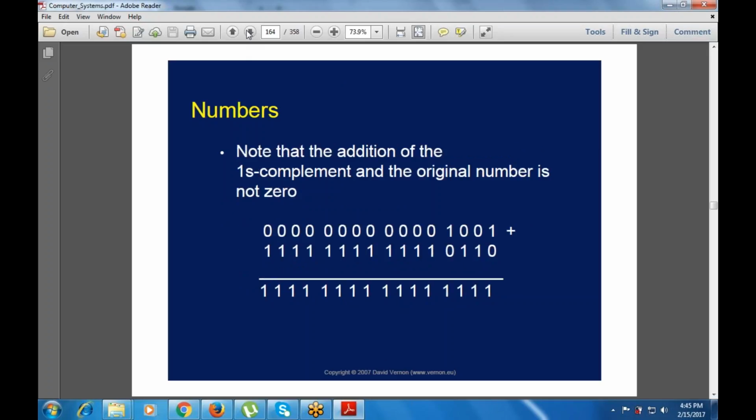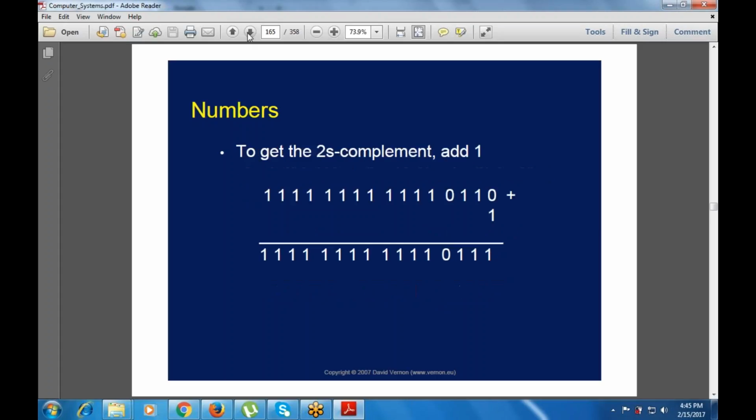Note that the addition of the 1's complement and the original number is not 0; it becomes all 1s. If I use 1 plus 1, that means 0 is the remainder and 1 is the carry. To get the 2's complement, we add the 1 over here.